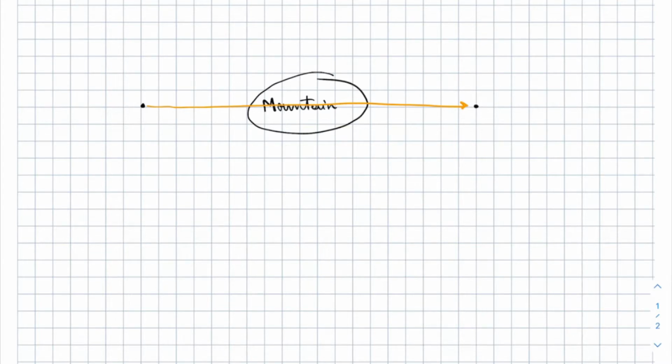However, we cannot go through the mountain. We need to go around it in this way.